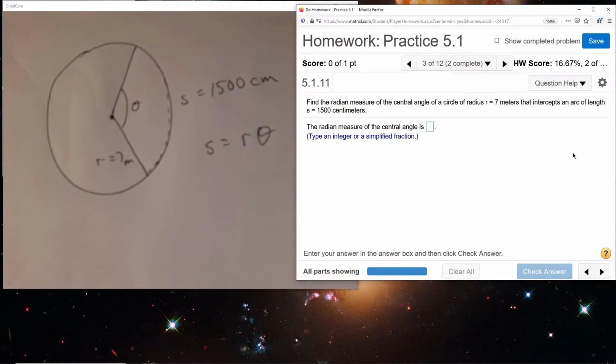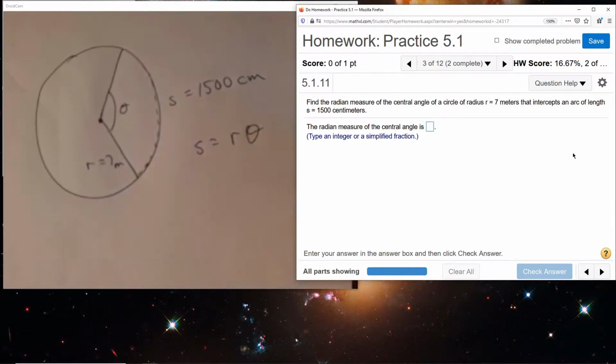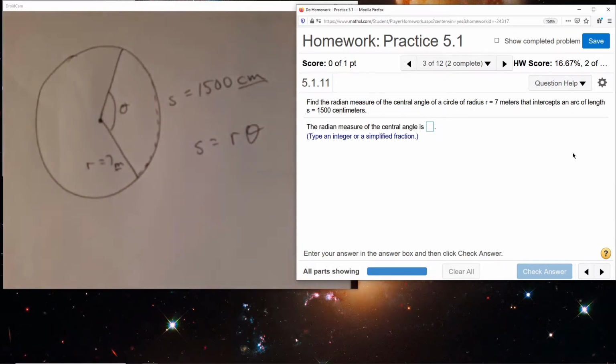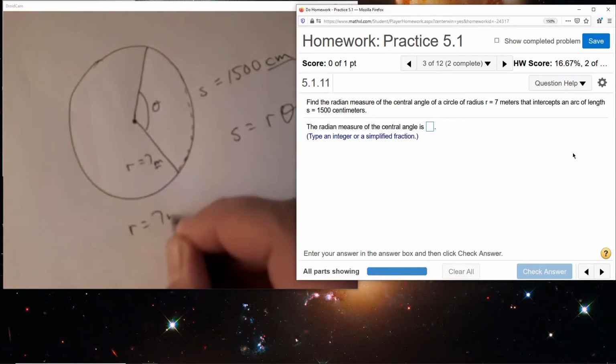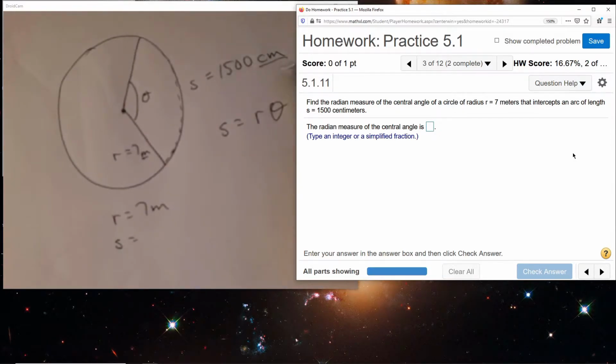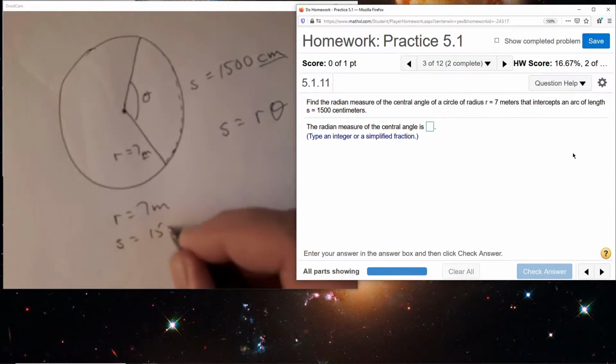to get arc length. However, the book is giving us our arc length in centimeters and our radius in meters, and all the units have to be the same. So we need to convert these. It doesn't matter which you convert. So why don't we go with centimeters, divide that by 100, gets us 15 meters there.